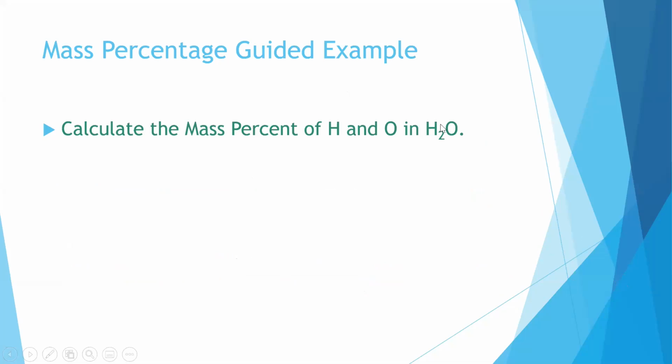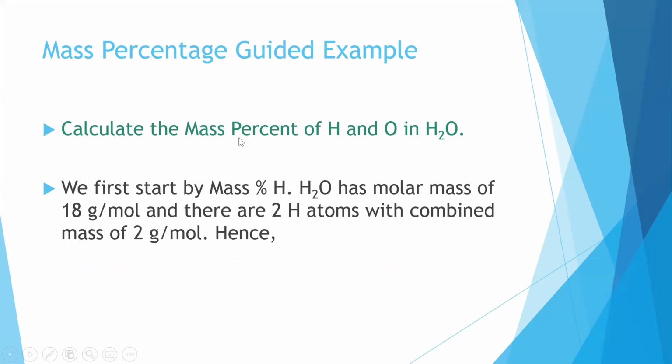So we're going to go with water. We want to find the mass percent of hydrogen and oxygen in H2O. I'm going to start with hydrogen. It doesn't matter which one you start with, but I picked hydrogen since hydrogen was first. After looking at a periodic table, you know that the mass of hydrogen is 1 and the mass of oxygen is 16.